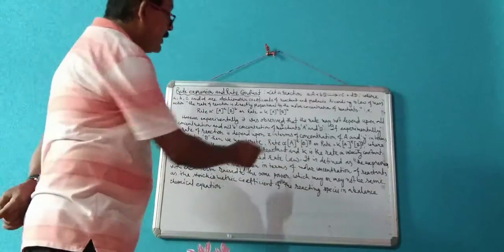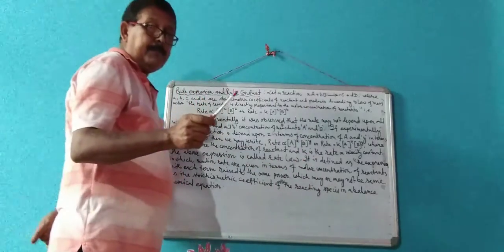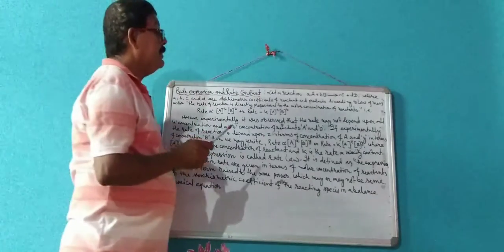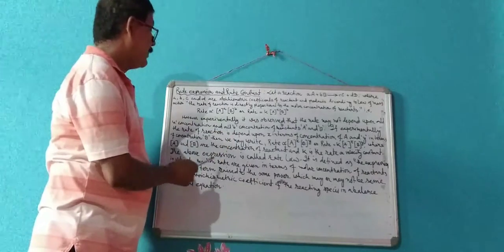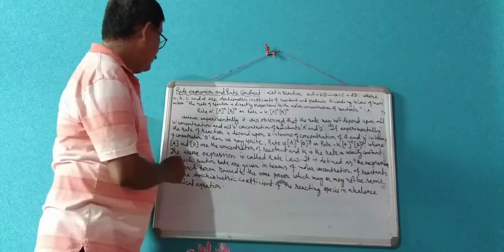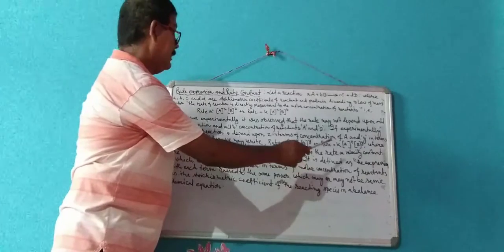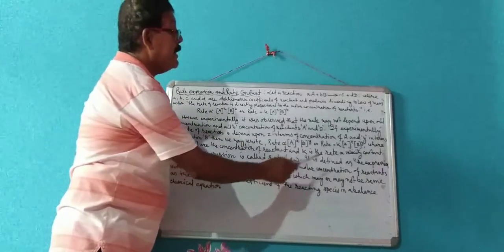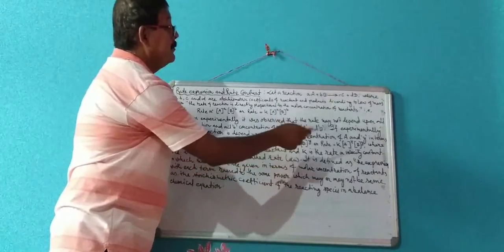So from this expression, the definition of law of mass action will be changed. Now what will be the definition? It is defined as the expression in which the reaction rates are given in terms of molar concentration of the reactants, with each term raised to a power which may or may not be equal to a and b.